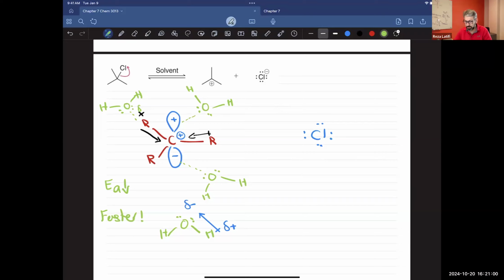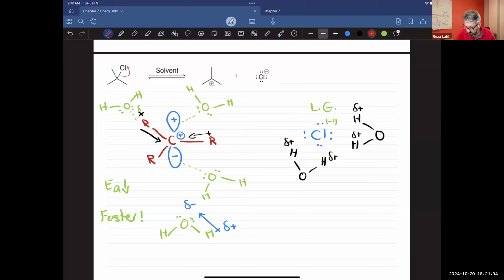Now let's talk about the leaving group. This is the leaving group. It has a negative charge, so it's -1 right now. And because it has a negative charge, that means it has extra charge. We need to stabilize it. And in this case, the oxygen of the water molecule is going to put the hydrogen facing or pointing to the chlorine. And if that happens, each hydrogen has a partial positive charge.